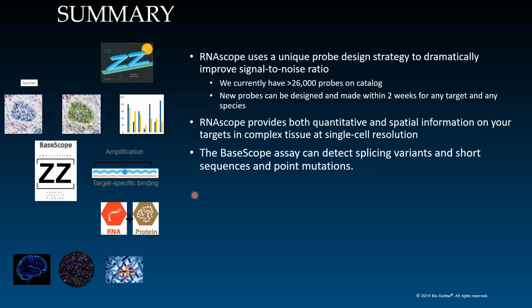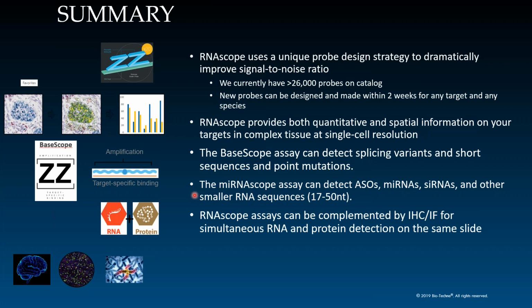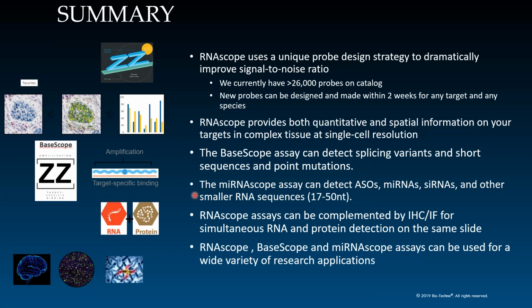With our specialized assays like microRNAscope and BASESCOPE assays, we can look at targets like non-coding RNAs, point mutations, splice variants, and microRNAs that are very difficult to detect and visualize with other tools. In addition, our assay can be combined with immunohistochemistry and immunofluorescence to visualize RNA and protein on the same section of the tissue.